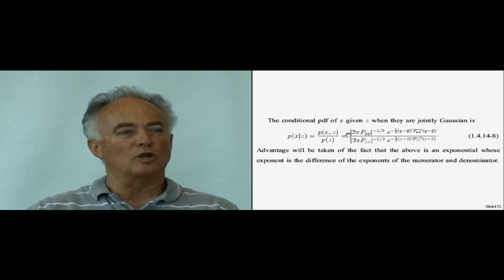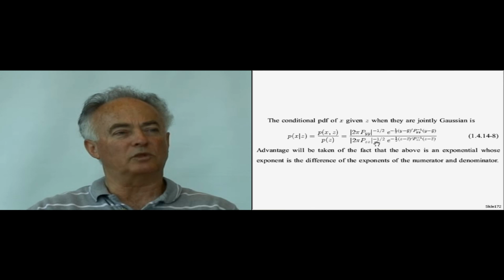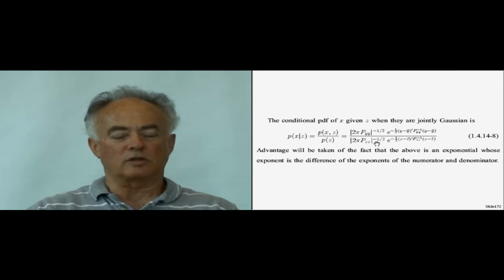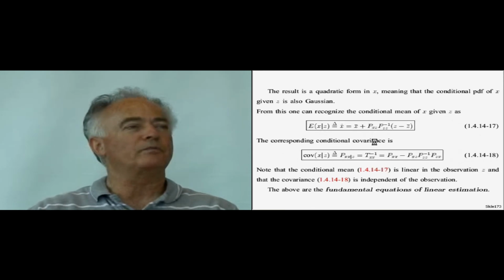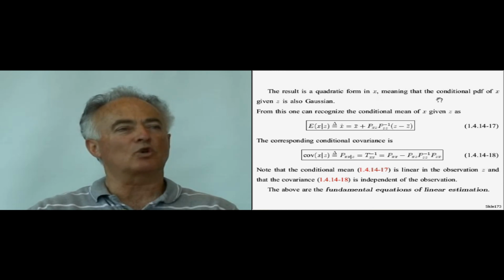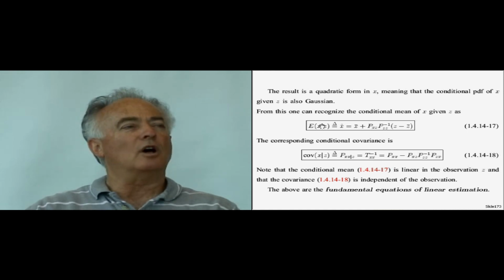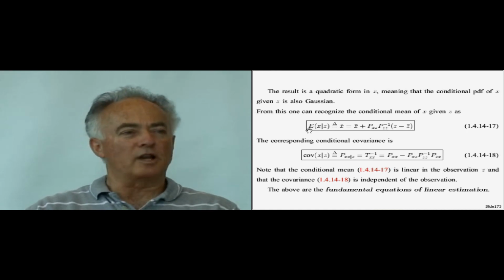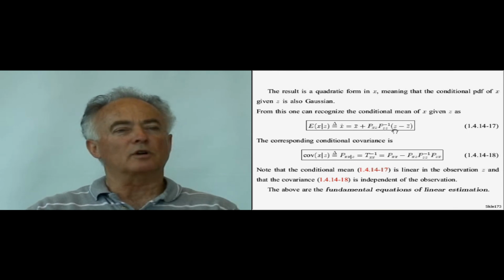Note there are two normalizing constants in front of each exponential that right now we don't care about. Okay, the result will be again a quadratic form in x, meaning that the conditional PDF of x given z is also Gaussian. And there is algebra, which we skipped here, and please review the detailed derivations in the textbook.